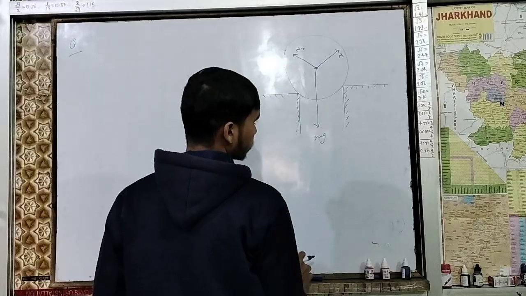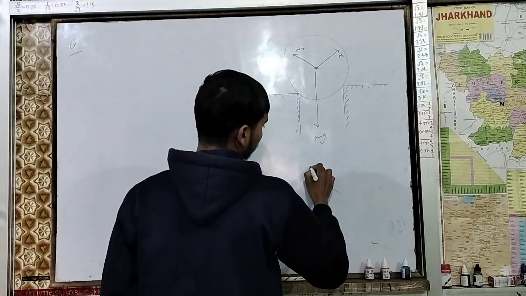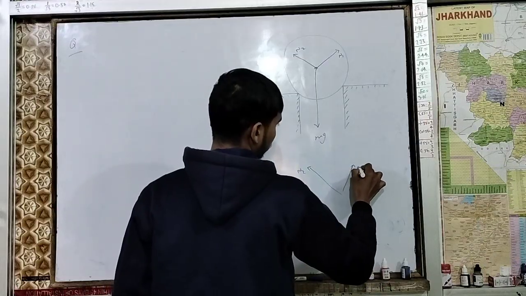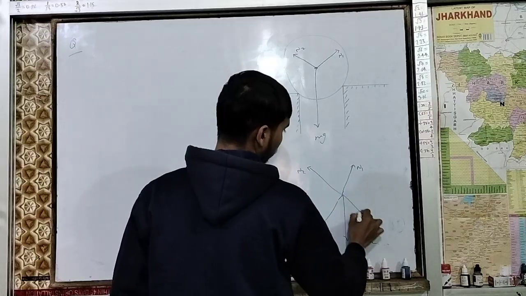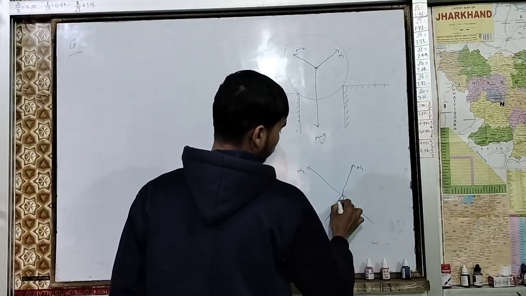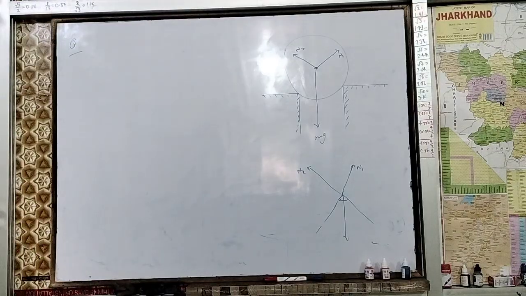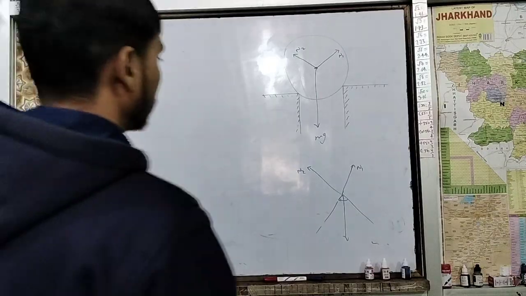Vertically opposite angles. This N2, N1, downward. Vertically opposite angles. The angle between N1 and N2 is 90 because both are perpendicular to each other.